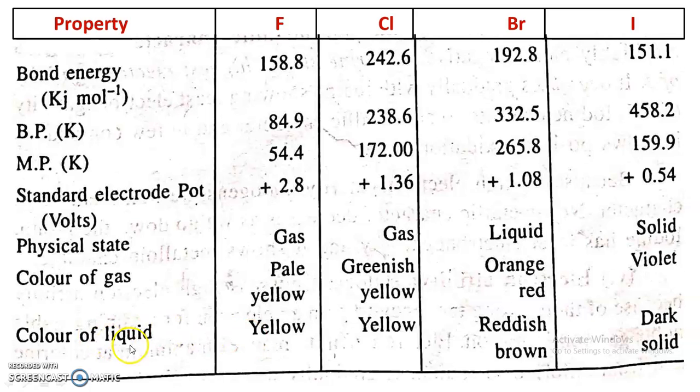Similarly, color of liquid: in liquid state fluorine is yellow, chlorine is also yellow, bromine has a reddish brown color, and iodine has a dark violet color. So this is about the physical properties and trends of physical properties in the periodic table.